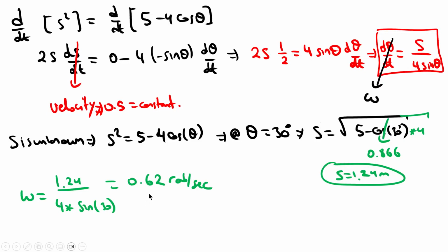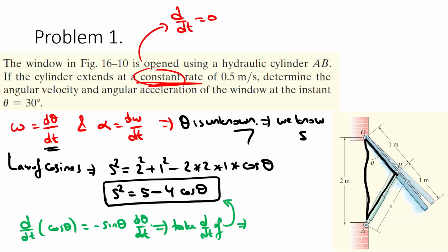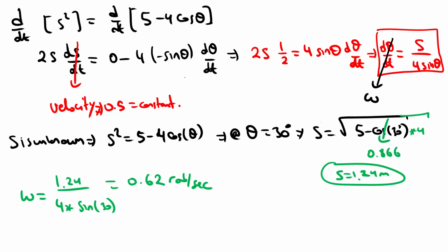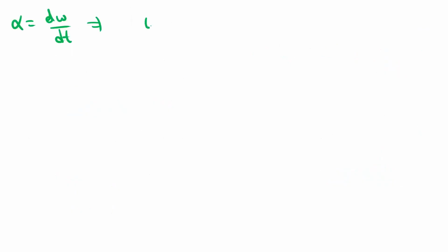The second part of the question says to find the angular acceleration. I know that the angular acceleration is the change of omega with respect to time. And I also found that omega is S by 4 sine theta. Then I need to find d omega by dt.